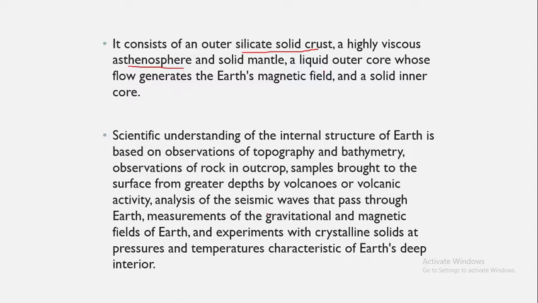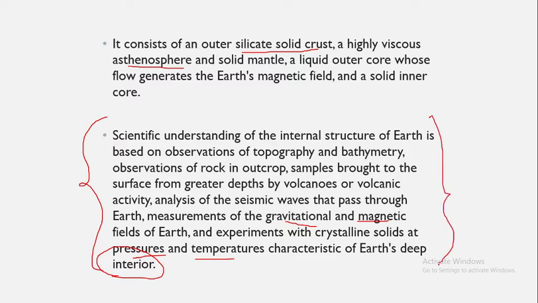Here you can see the gravitational field and the magnetic field. Then experiments with crystalline solids at pressure, that is to know the pressure and temperature of the interior area. So these are all the various parameters by which we are defining the Earth's interior structure, based on various experiments and observations.